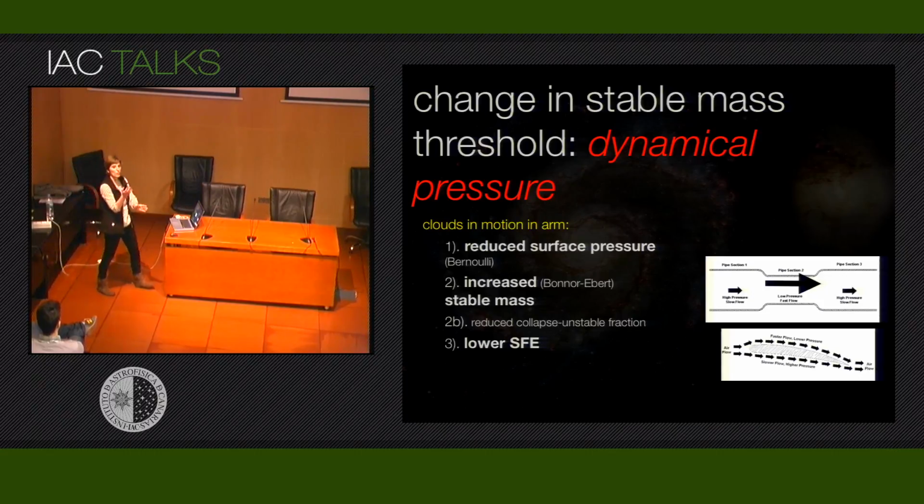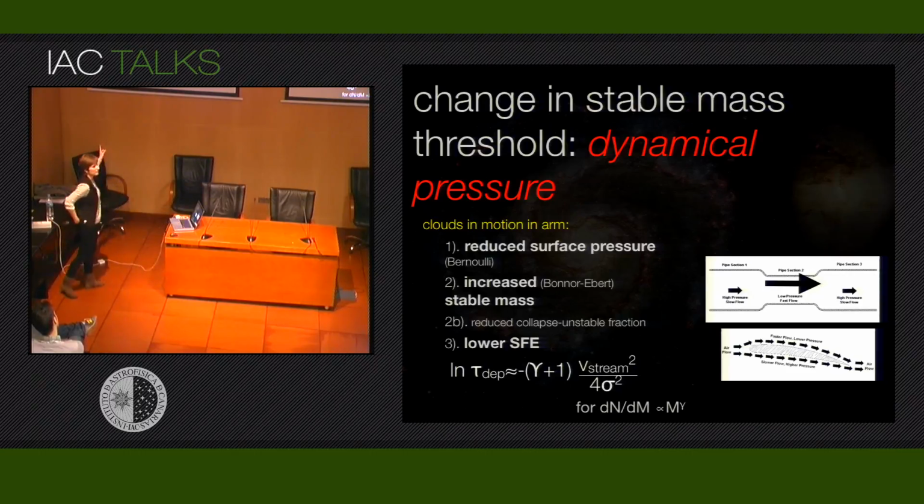So that means that a cloud can be more massive and not collapse. Right? Now this increase in the stable mass means that there are fewer collapse-unstable clouds per freefall time. And so this all translates into a variation in the star formation efficiency. In the presence of streaming motions in particular, we have a reduced star formation efficiency.